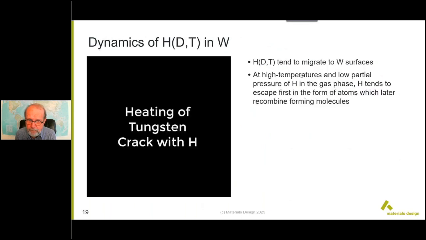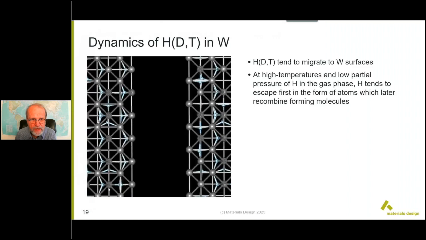Now, we have seen that in the plasma you have the deuterium and the tritium, which can be captured inside the tungsten. So what we did in this simulation was take a model of a small crack in tungsten, and inside the tungsten initially there is hydrogen.